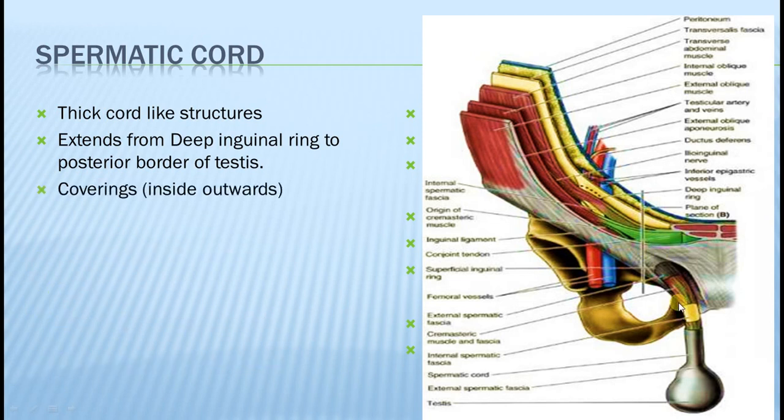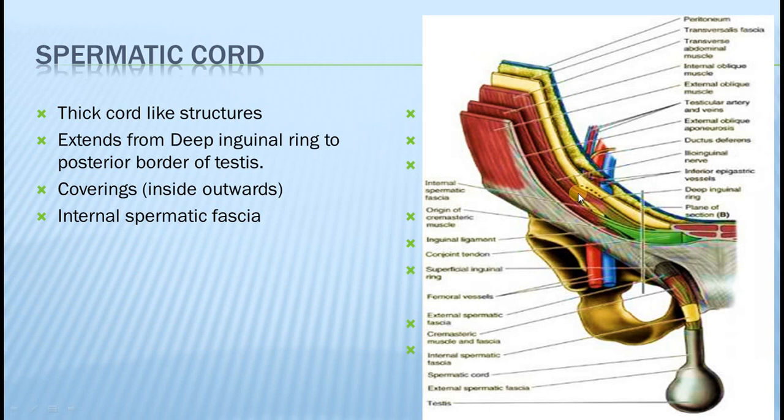So the coverings are almost the same as the coverings of the scrotum. From inside, if you start, internal spermatic fascia, which is a prolongation of the fascia transversalis, shown in this yellow color.